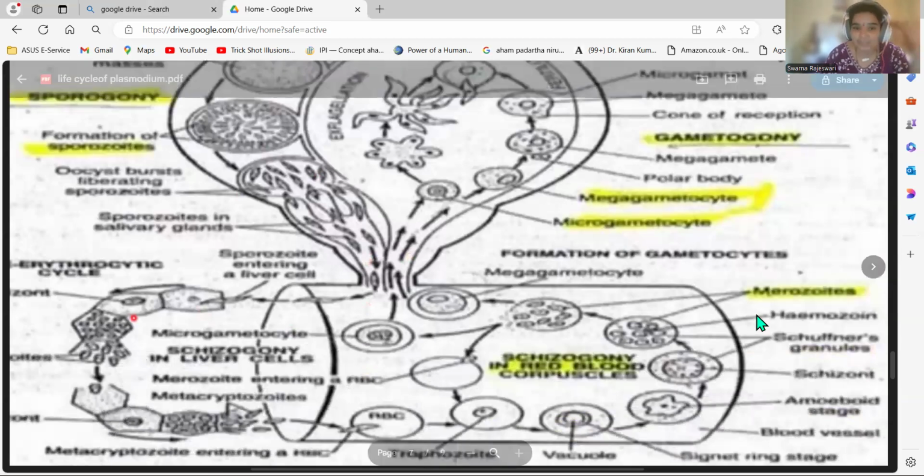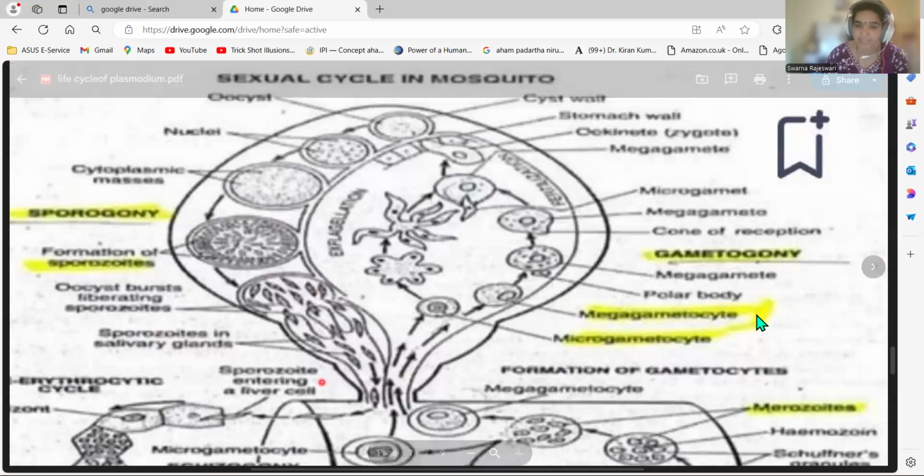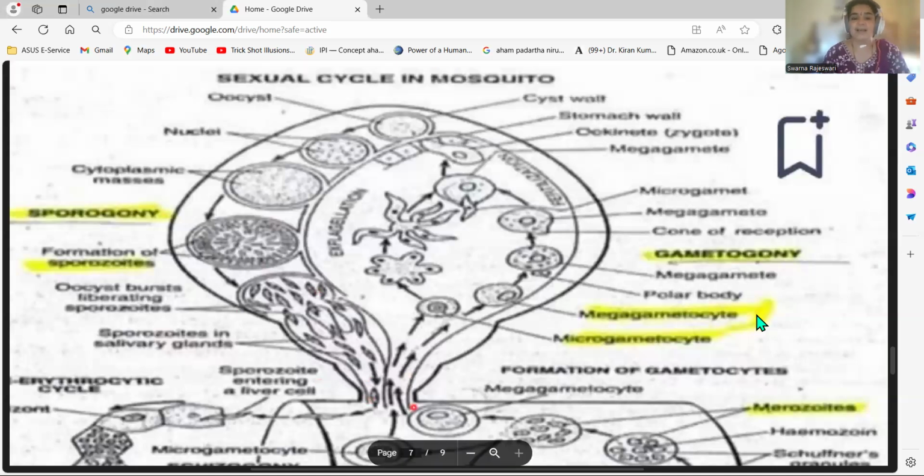Okay. So what we have discussed today is a life cycle of the plasmodium in mosquito. Here, the first stage is the entry of the gametocytes into the mosquito when this mosquito is biting and sucking the blood of a malarial patient. So both the male gametocyte and the female gametocyte enter into the crop, means stomach of the mosquito.